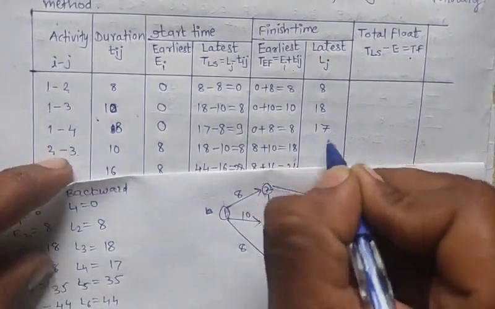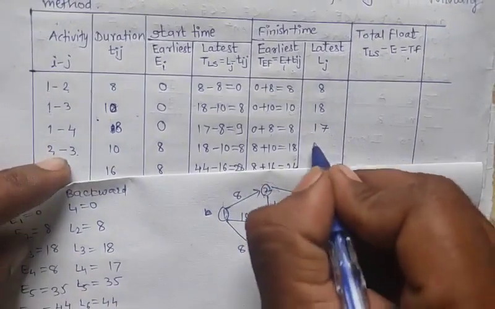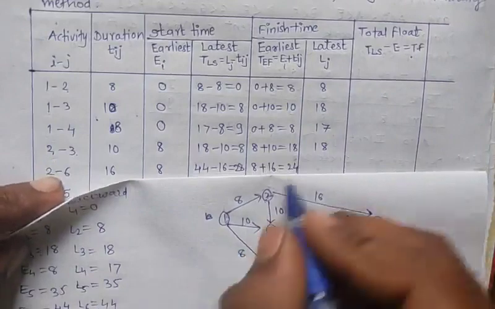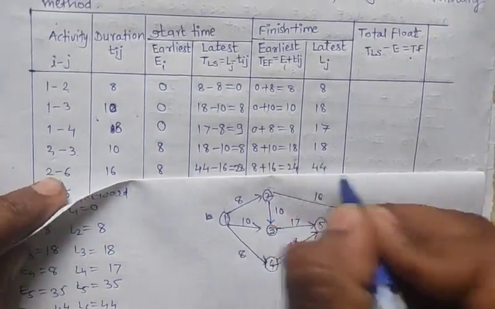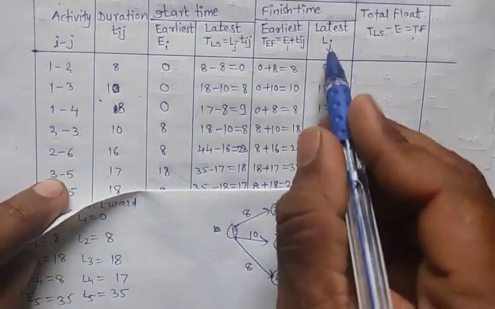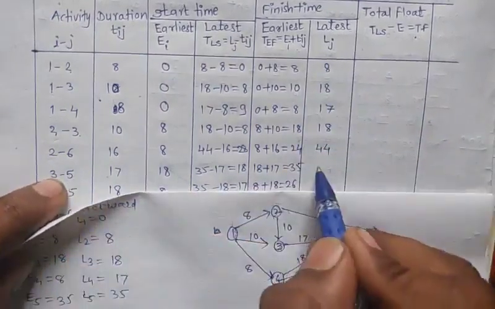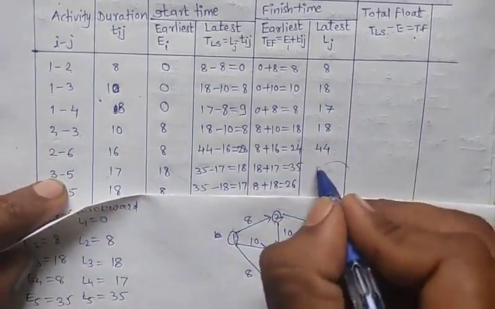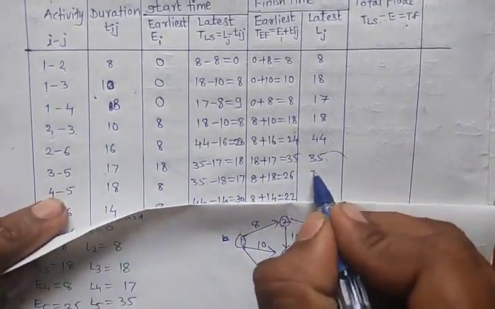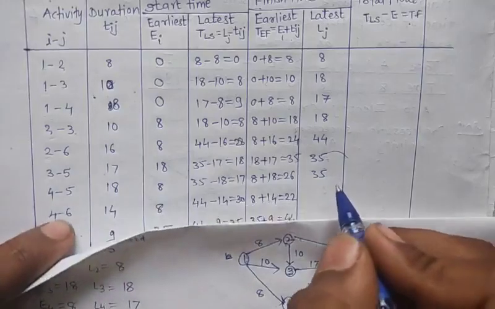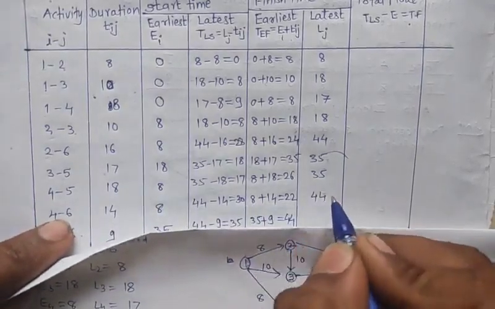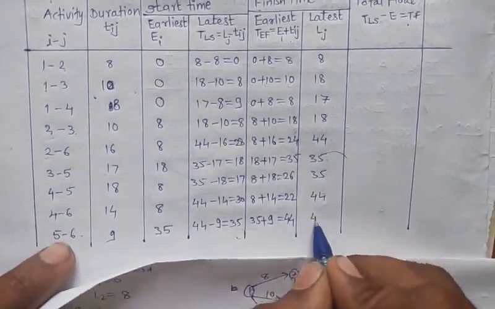Next L3, so value of L3 is 18. Next L6, so value of L6 is 44. Next L5, because here is LJ, so value of L5 is 35. And L6 is 44, and last L6 is 44.